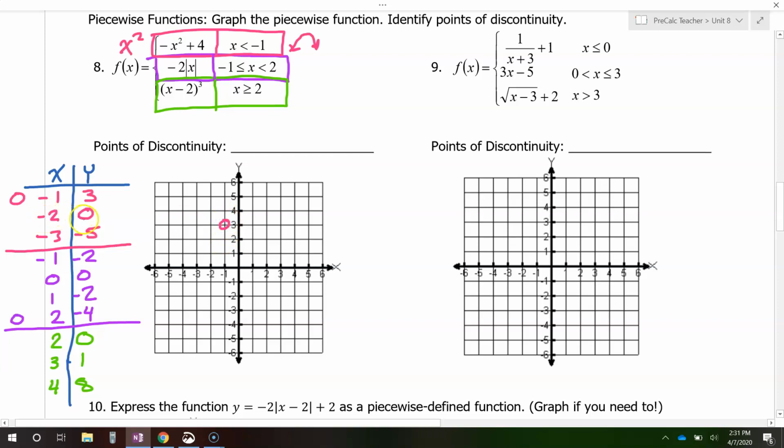-2, 0. And -3, -5 would be here. All right.